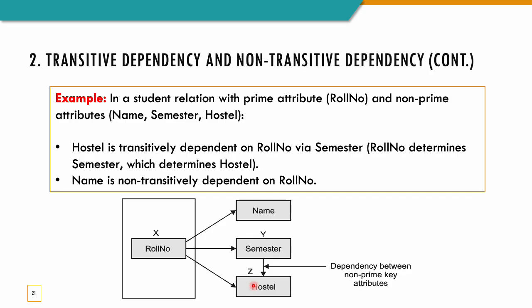For instance, if we know the roll number, we can find out the semester the student is in, and if we know the semester, we can determine which hostel the student is assigned to.